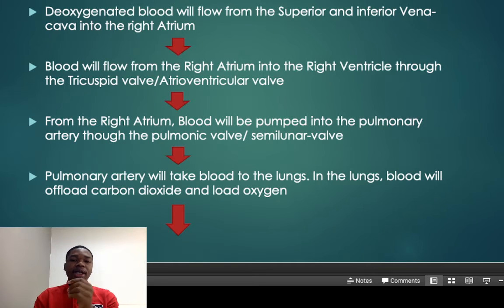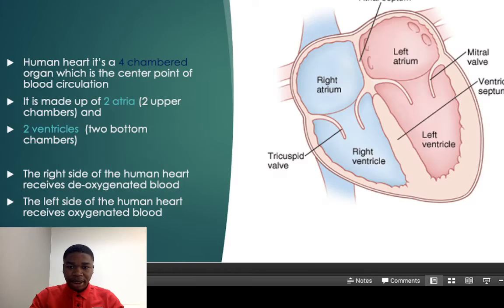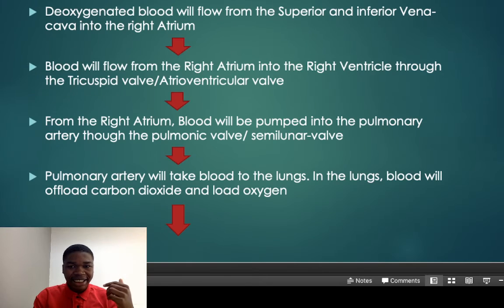Let's look at this. This is the main part of the blood circulation because we're dealing with how blood is flowing. Firstly, this is the first step. The deoxygenated blood will flow from the superior and the inferior vena cava into the right atrium. The top right chamber is the right atrium.